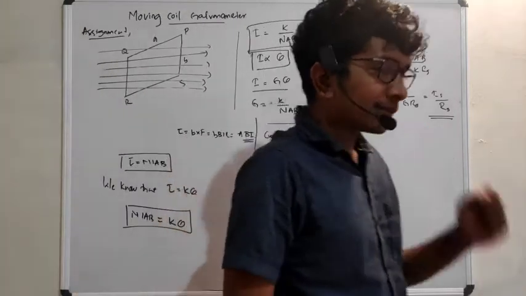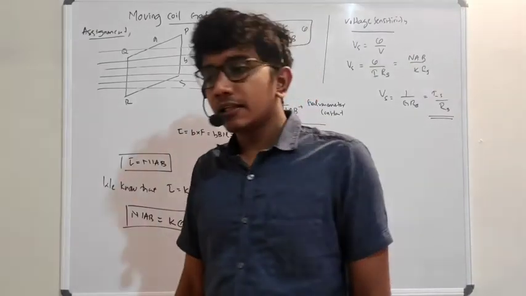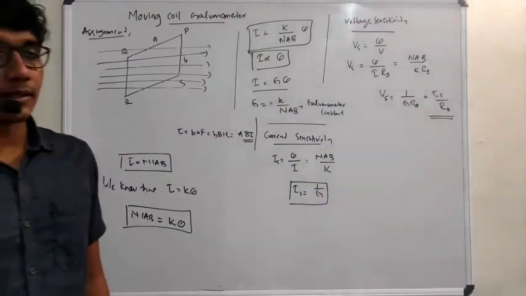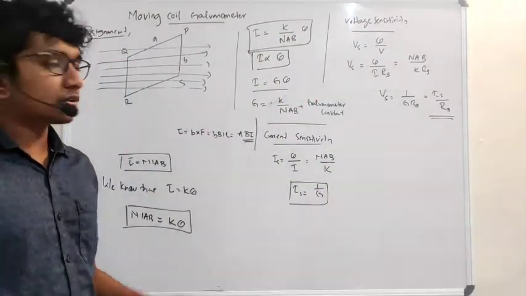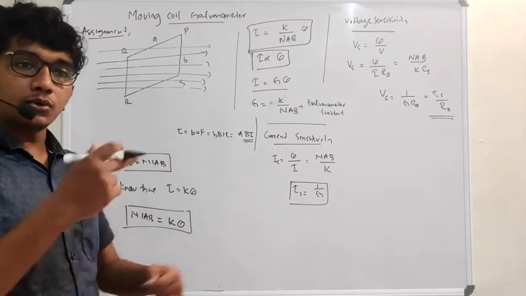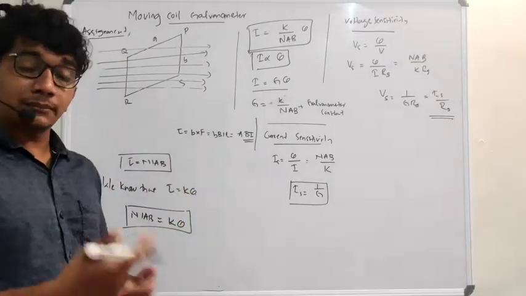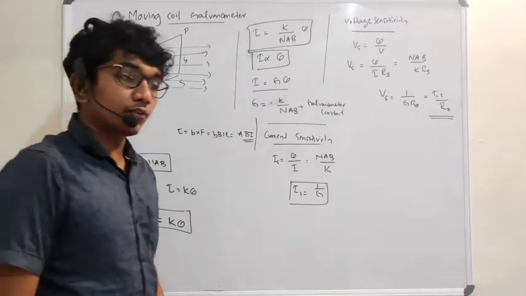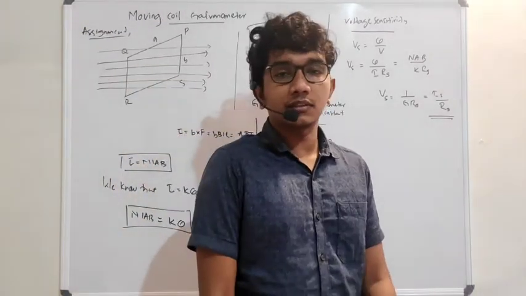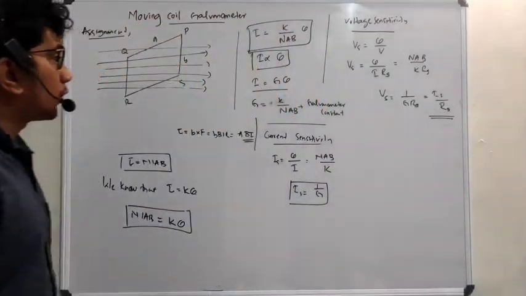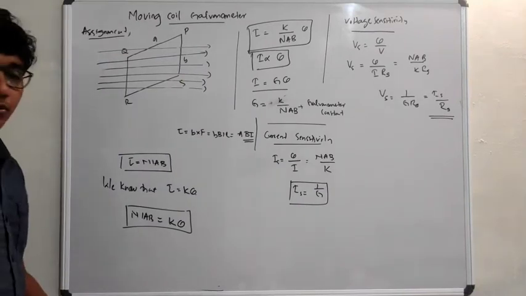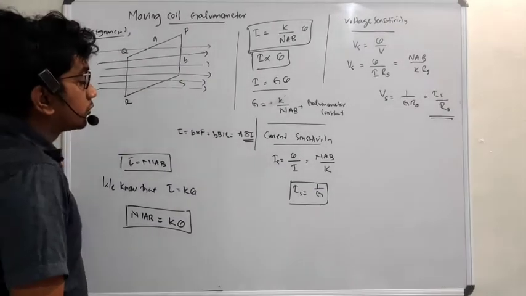The diagram and working, both are very easy, and you have to check that. So check the previous video, how we find out the torque acting on the coil. That is the working, and the setup also. And also you check this.